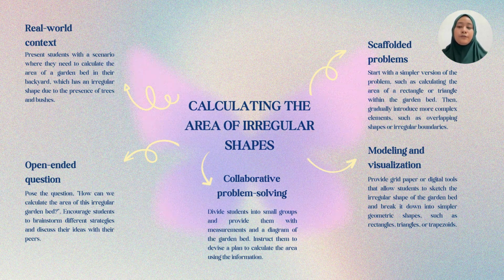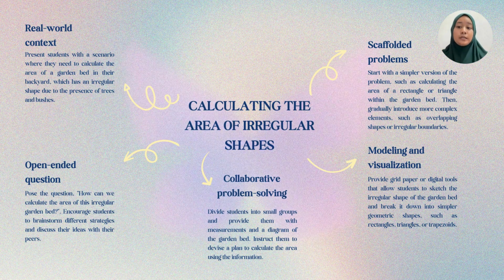Based on the first strategy, which is real world context, we present students with a scenario where they need to calculate the area of a garden bed in their backyard, which has an irregular shape due to the presence of trees and bushes. For the second part, pose a question such as how can we calculate the area of this irregular garden bed?